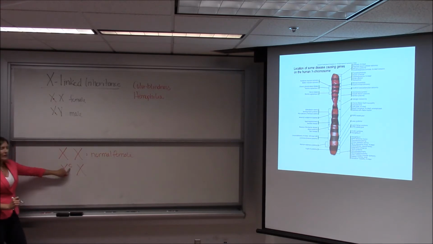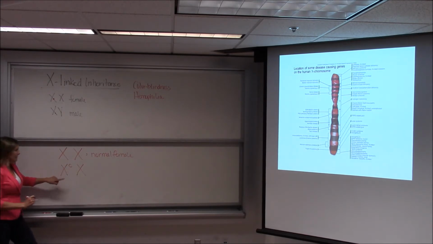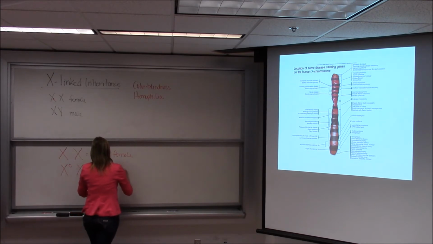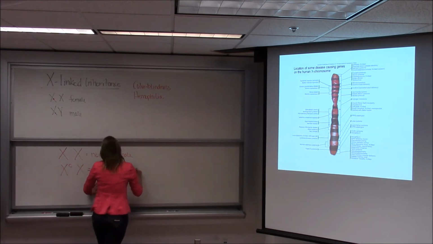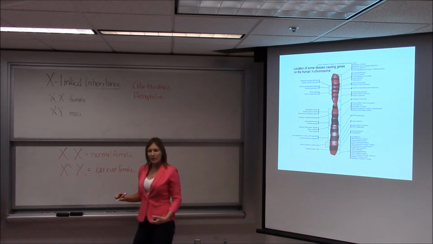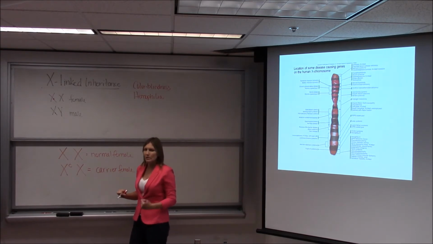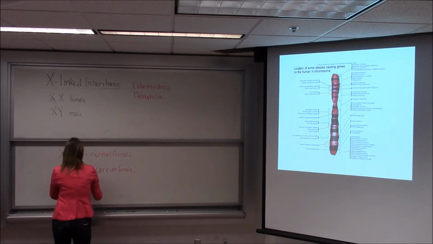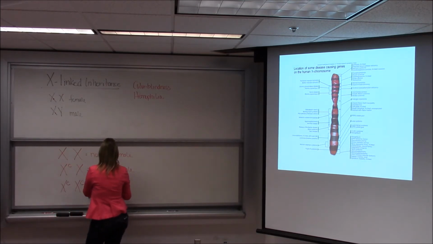X with a superscript C. This female carries the colorblind allele on this X chromosome. She would be called a carrier female. The only way this female would have color blindness is if both of her X chromosomes carried the colorblind gene. This would be a colorblind female.